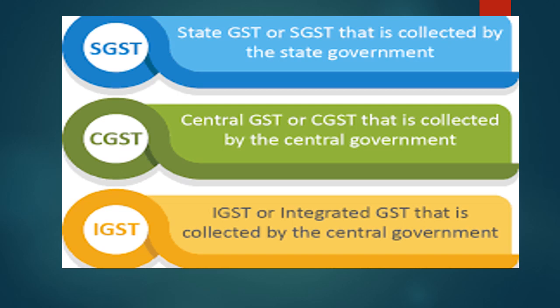SGST is a tax which is collected by state government. CGST is a tax which is collected by central government. If any item has been purchased from one state to another state, then there will be only one tax calculated over it, which is known as IGST. IGST is a tax collected by central government.